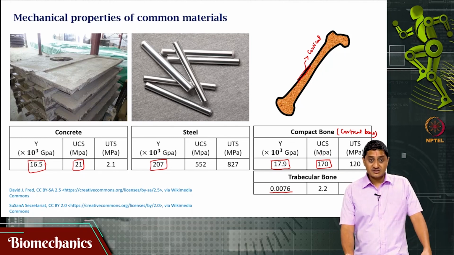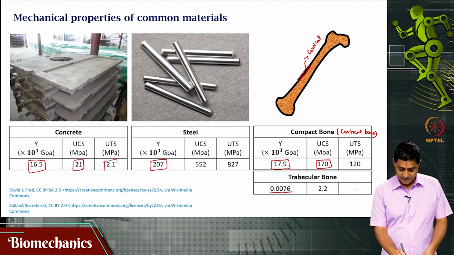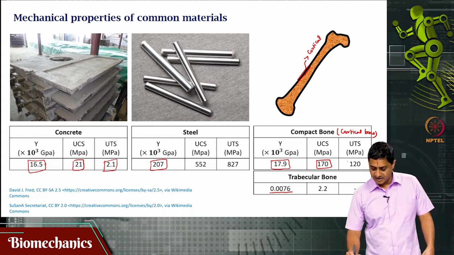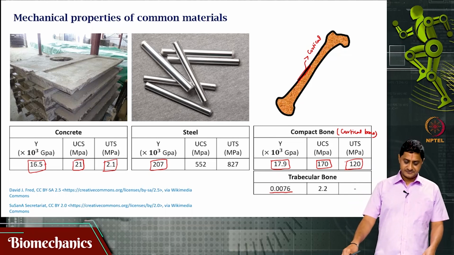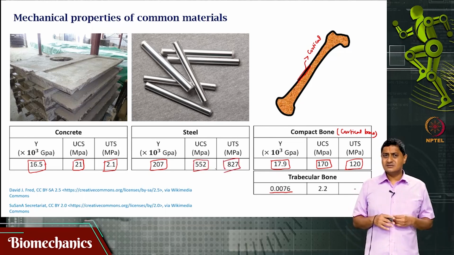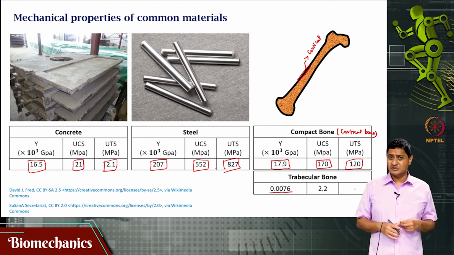Compressive strength is extremely high when compared with concrete. Tensile strength is also very high for compact bone when compared with concrete. And compare this with steel, which is going to be much heavier, right. So, something to keep in mind.